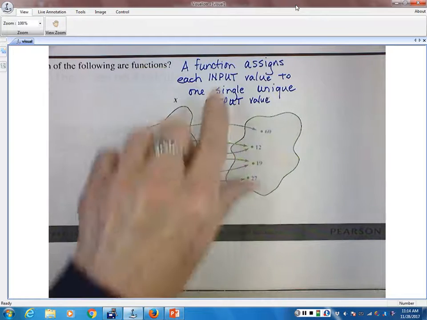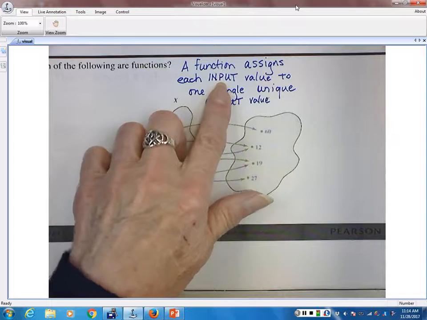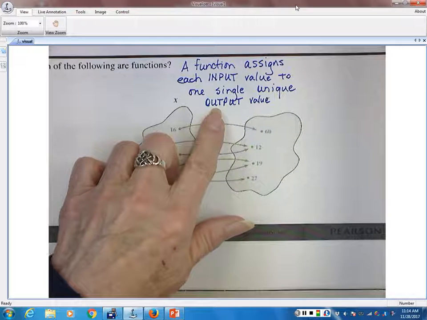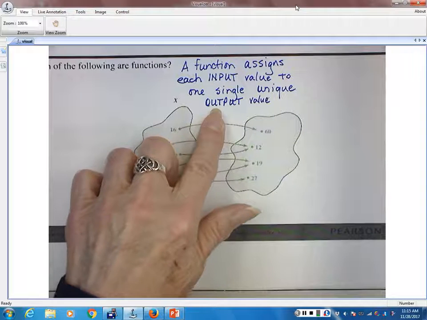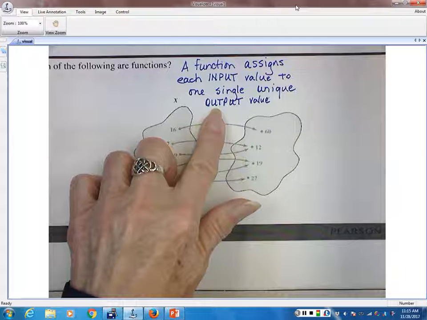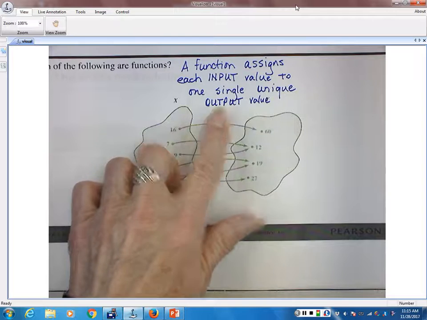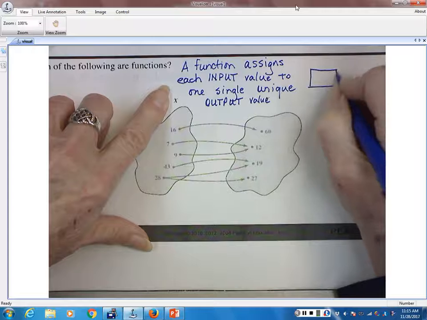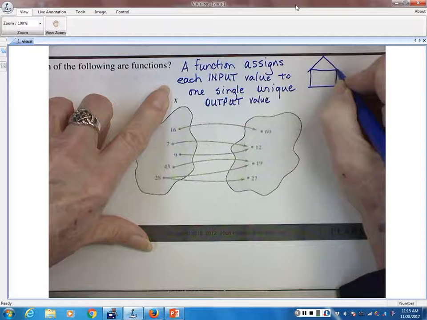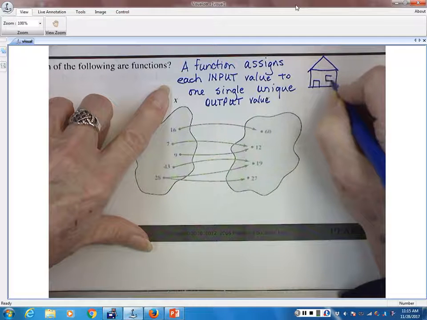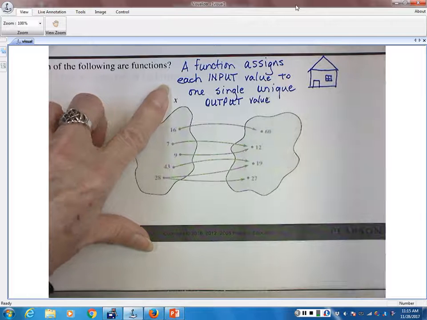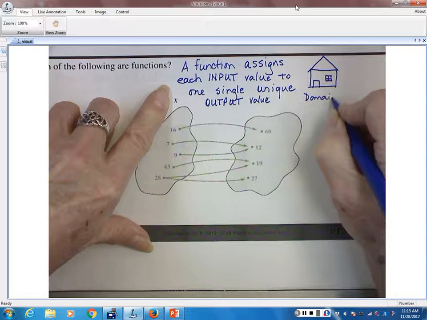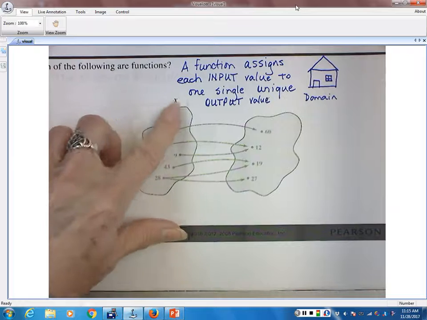Because remember, the independent variable, what you put in, that's the domain. And then the range is where you go when you travel from the domain. You could think of it as your domain is your house. So you live in your house.